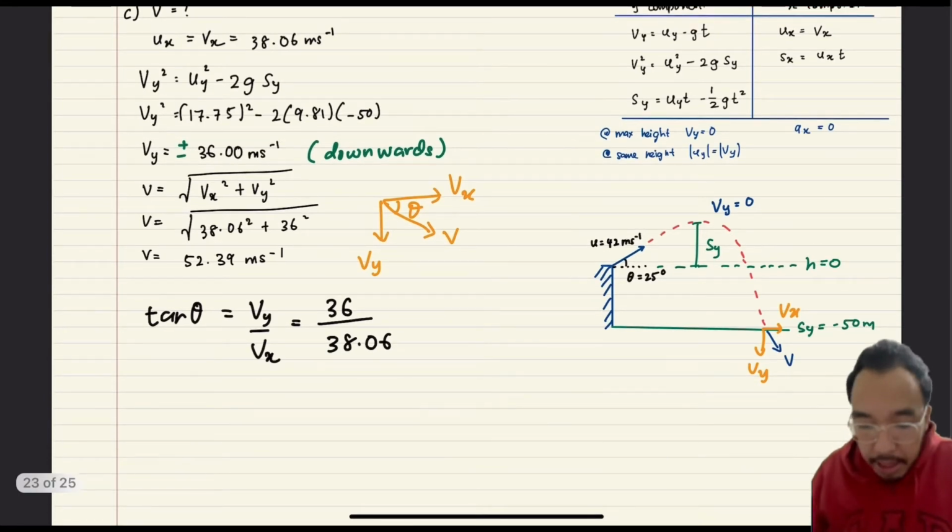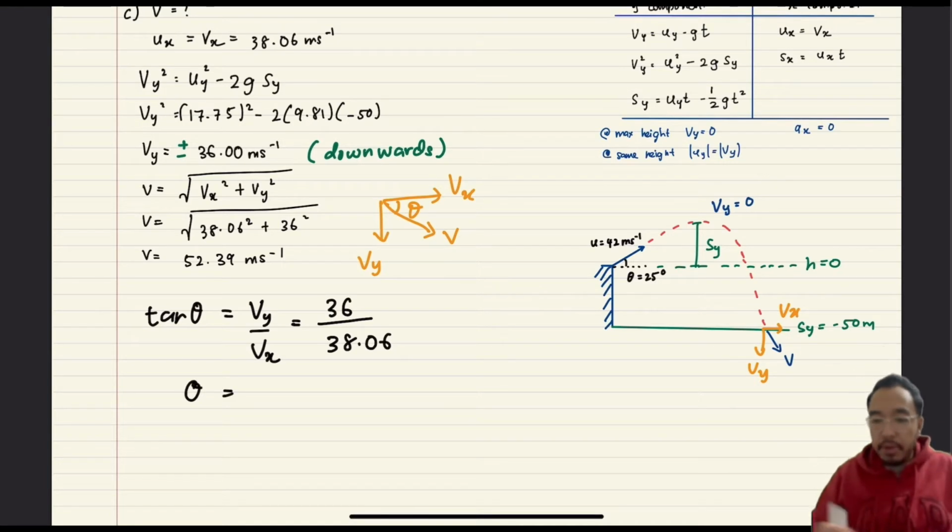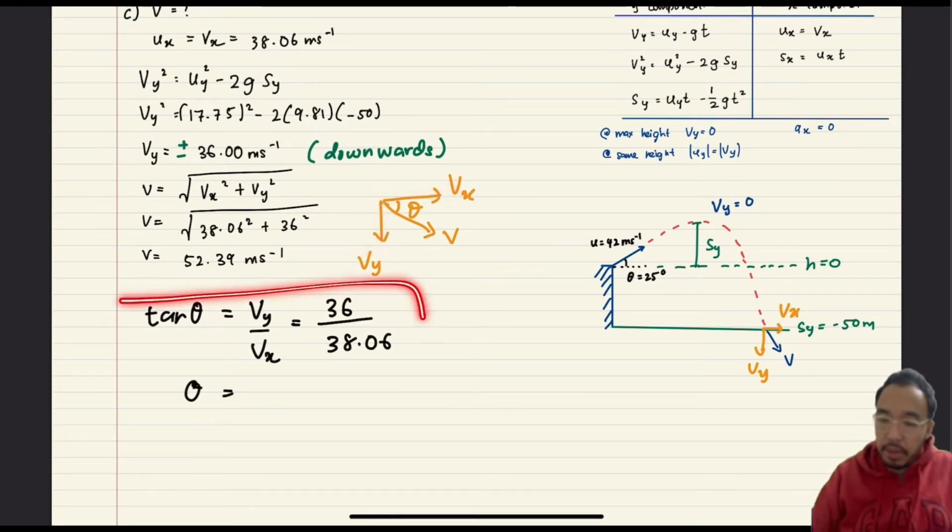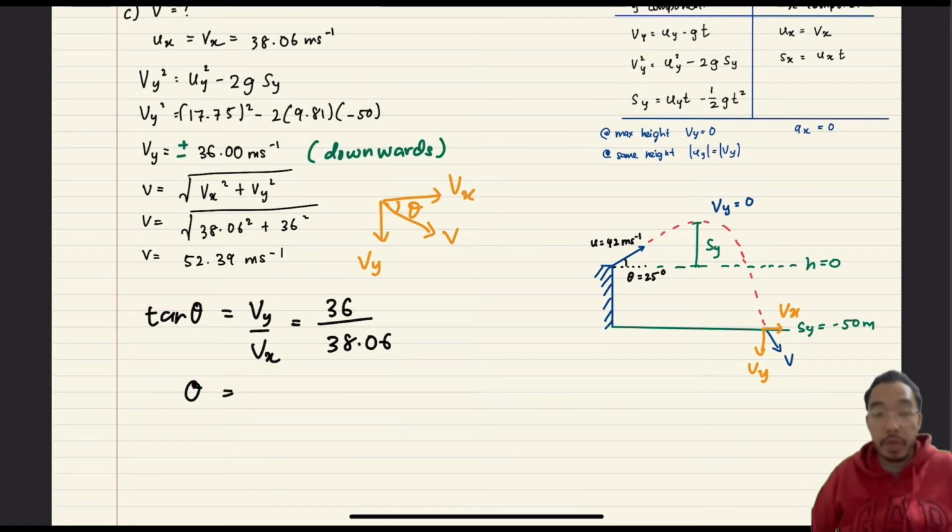Notice that I didn't substitute any negative inside there because, like I told you previously, if you draw this and you want to use this formula, you can simply substitute the magnitude. You can ignore the negative because negative just indicates a different direction. But in the final answer, you have to state which direction, which we're going to do afterwards. Here I got 43.41.